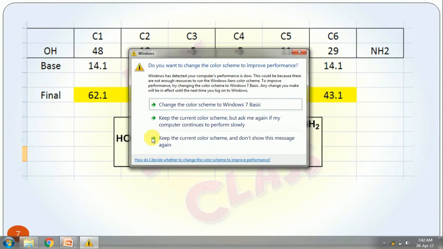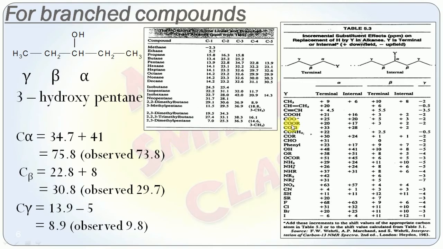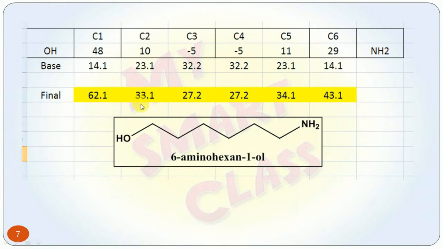So let's check. Hydroxyl, alpha, terminal, and the hydroxyl value is 48. So here I have written the value 48. For C2, if the hydroxyl group is on the same carbon, it is called alpha, but here the hydroxyl group is on the nearby carbon, one carbon away from C2.